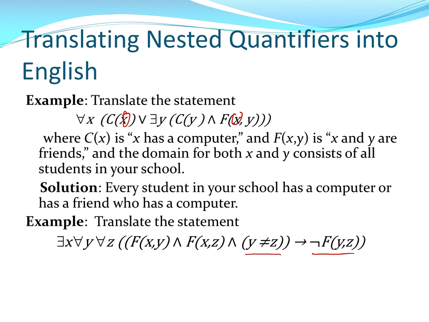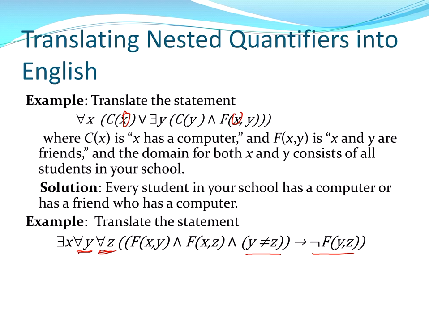Here y not equal to z means when y and z are not the same person, because it's possible when you're looping through y and looping through z to encounter the same value, and we have to account for that fact.